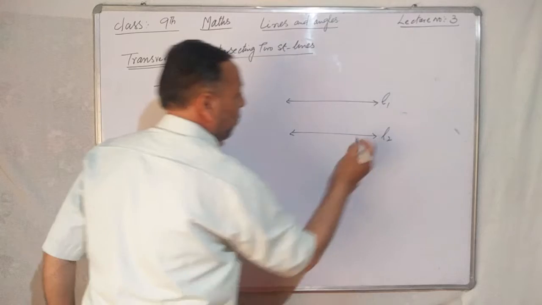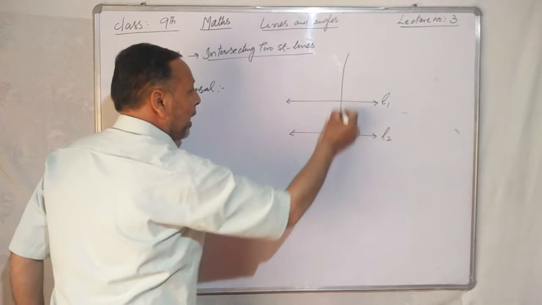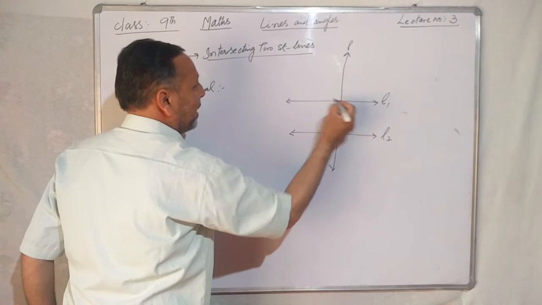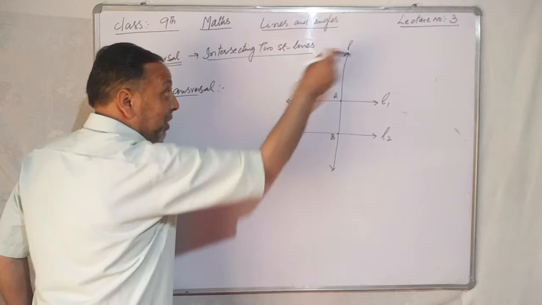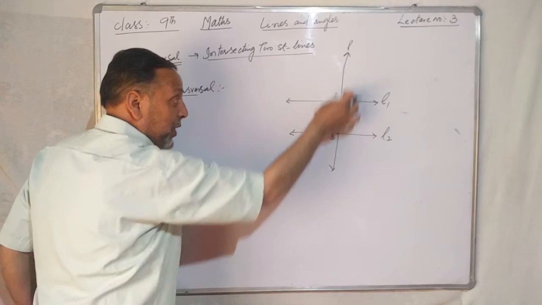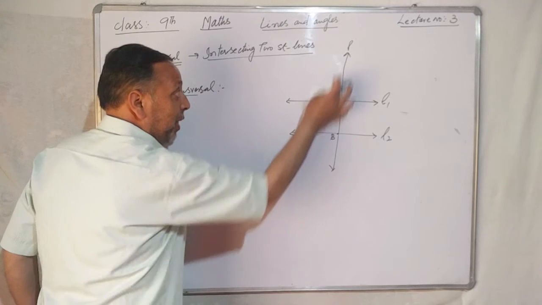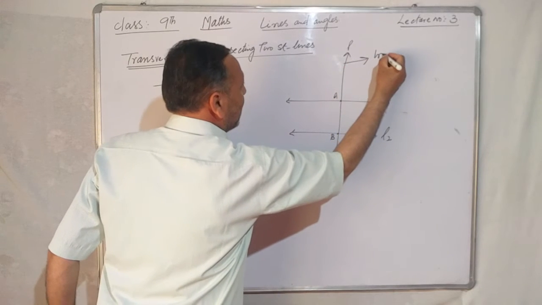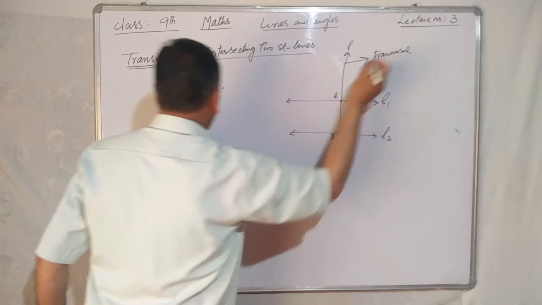L1 and L2, two straight lines, and a third line P, which intersects L1 at A and L2 at B. Then this third line P, which intersects two straight lines at two distinct points, is known as a transversal.